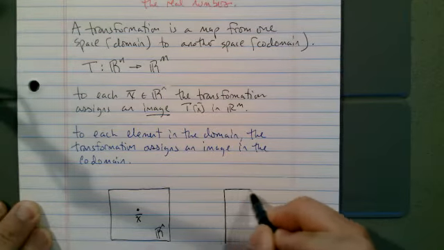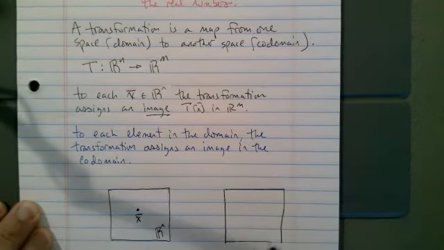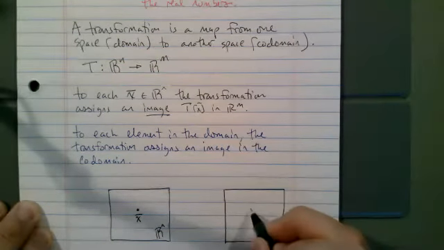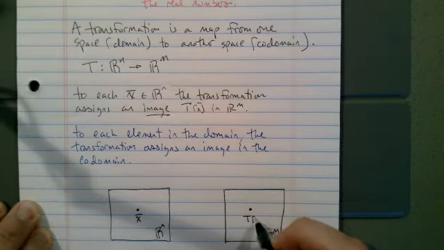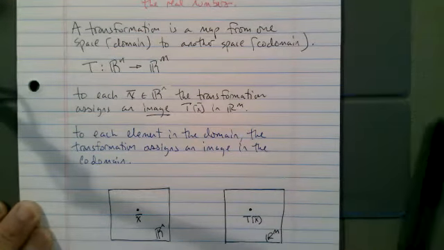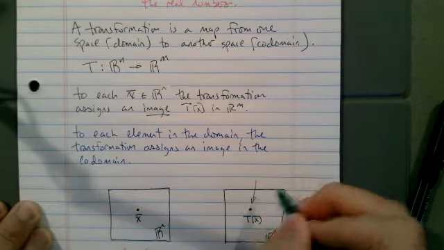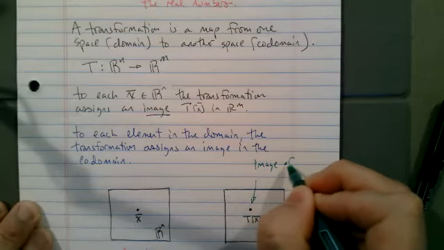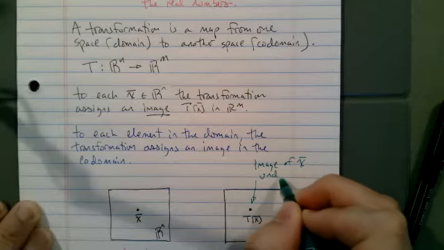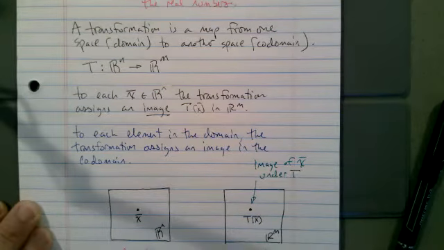Over here, we'll draw another box for the codomain, Rm, and there'll be an image of x over here called T of x. x is a vector in the domain, and T of x is the image of x under T. T is the map.